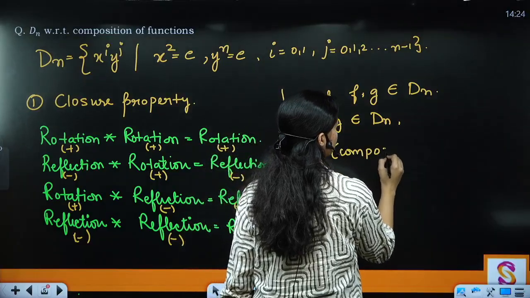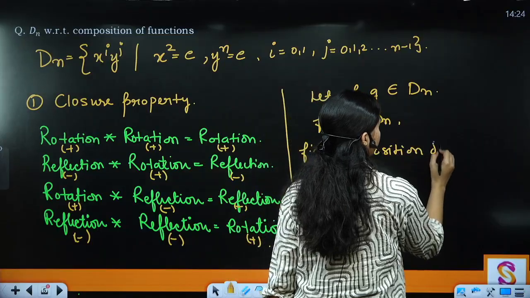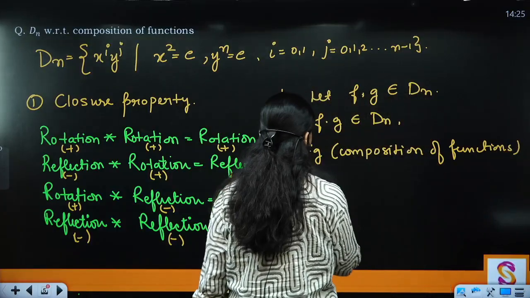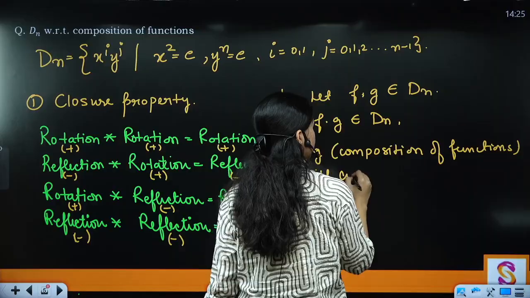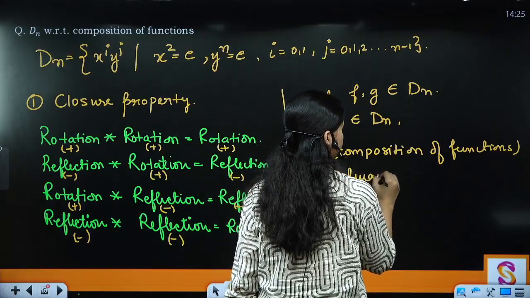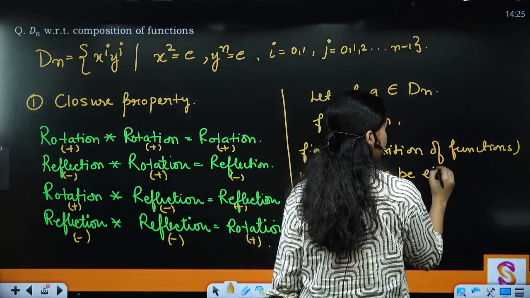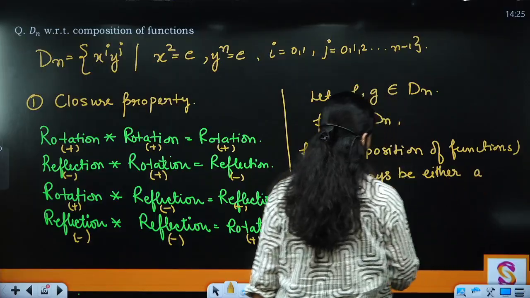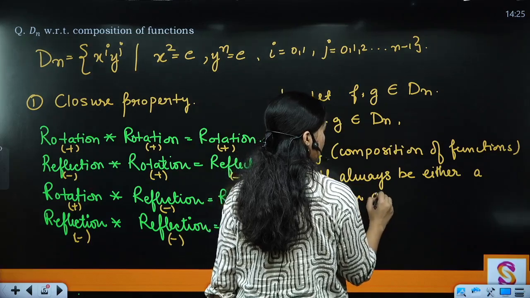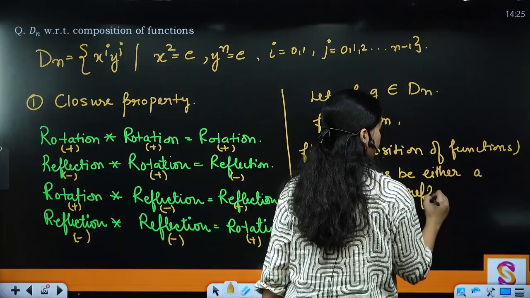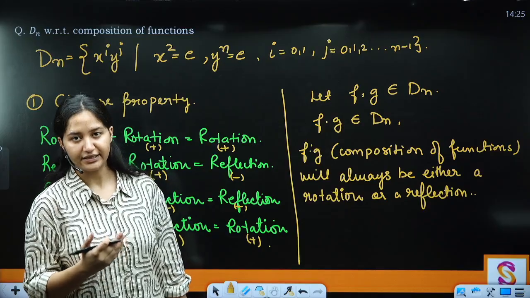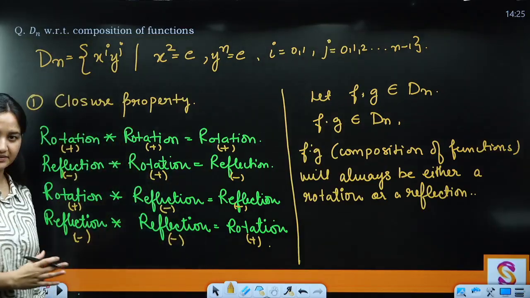Composition of functions will always be either a rotation or a reflection, right? So this implies that the closure property is satisfied for our Dn in the general sense, right?